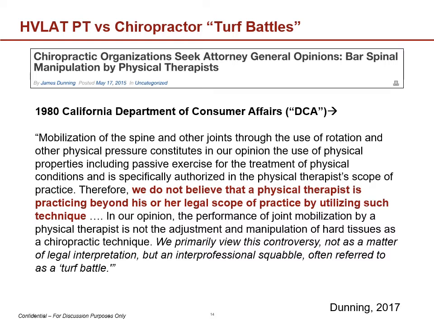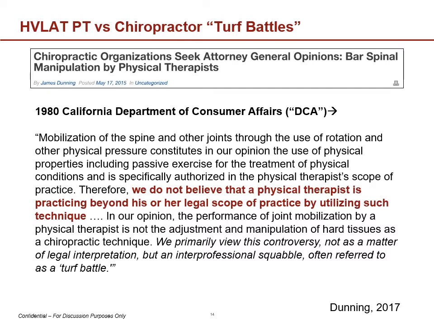In our opinion, meaning the DCA, the performance of joint mobilization by a physical therapist is not the adjustment and manipulation of hard tissues as a chiropractic technique. We primarily view this controversy not as a matter of legal interpretation, but an interprofessional squabble, often referred to as a turf battle. All right, in 1980, the DCA said that physical therapists can continue to manipulate; their definition is up to interpretation.